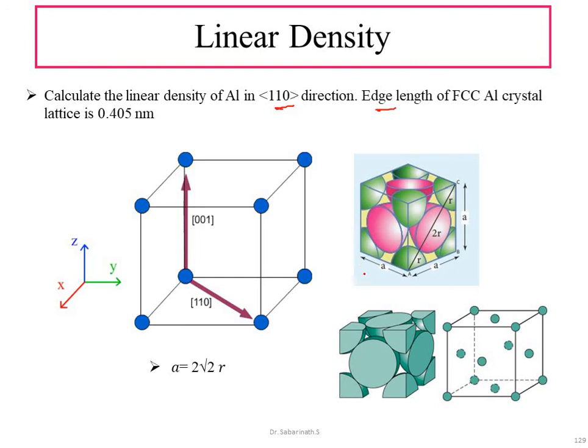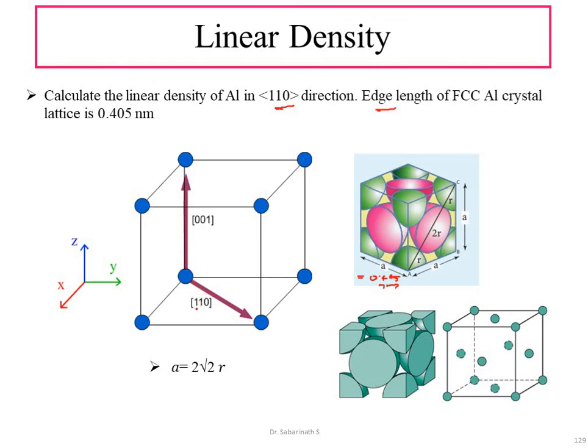So the edge length means this one, a, which is equal to 0.405 nanometer. And what we need to find is the linear density along the 110 direction.